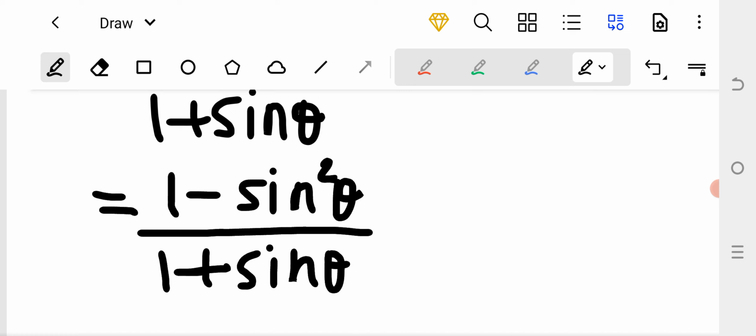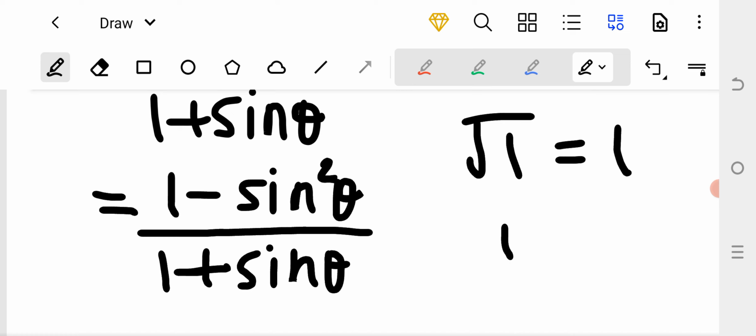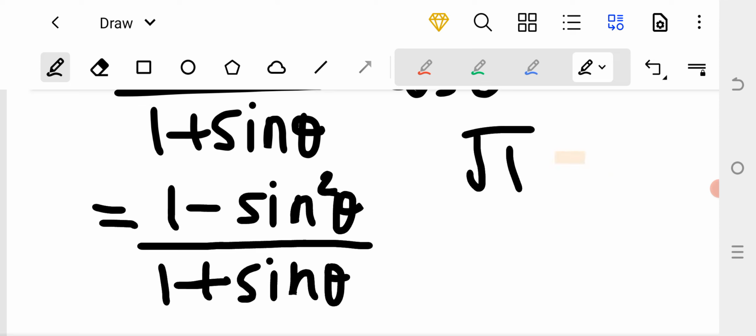Remember that the square root of 1 is 1, because 1 squared is equal to 1. So we can apply the difference of two squares to the numerator.